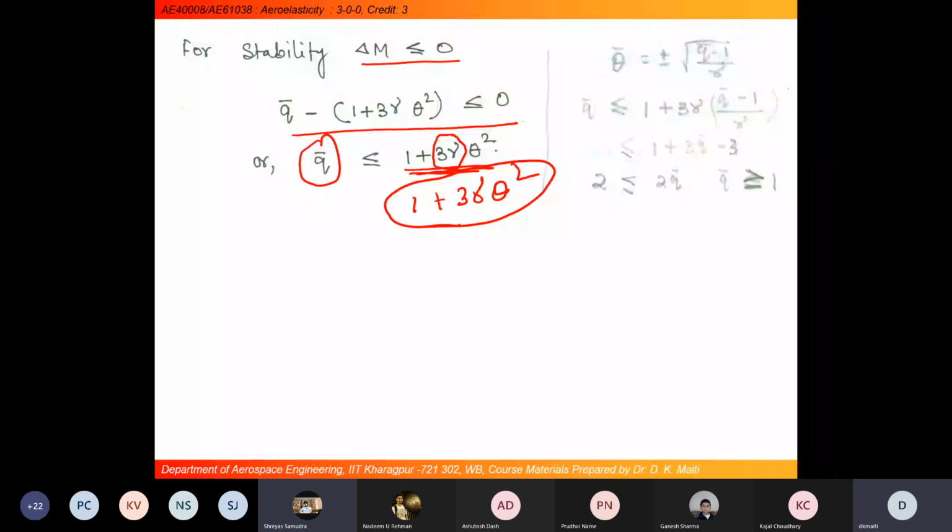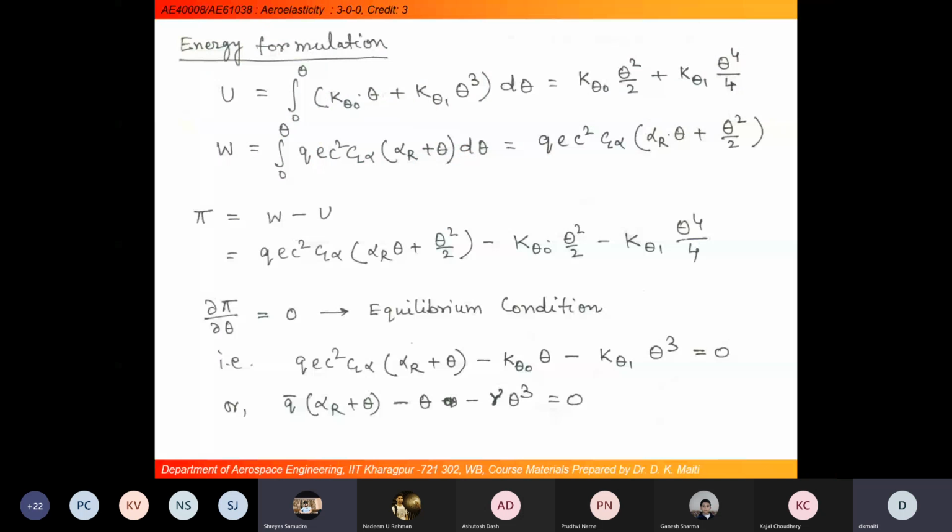Sir, this stability condition which you have mentioned, delta M should be smaller than zero. Like if I'm disturbing it in the positive direction, then it should be smaller than zero. But if I'm disturbing it in the negative direction, it should obviously be greater than zero.